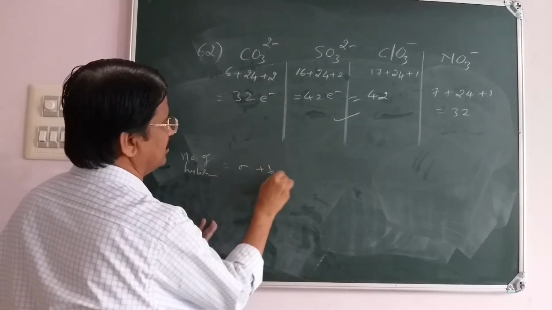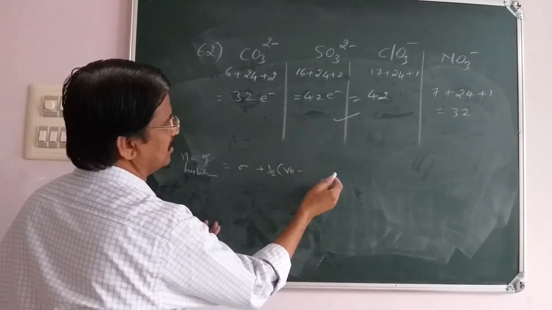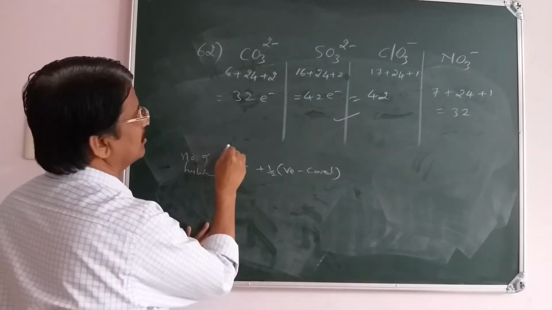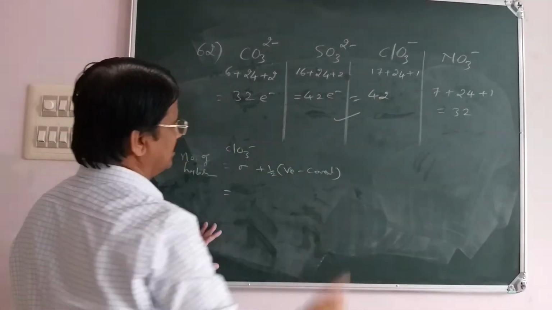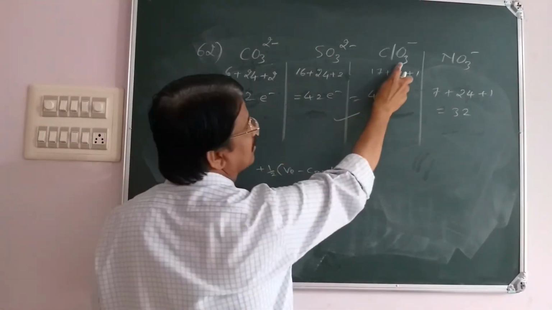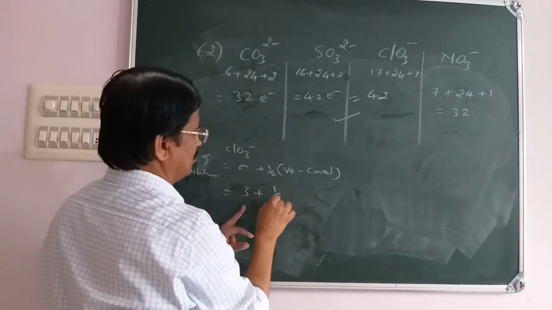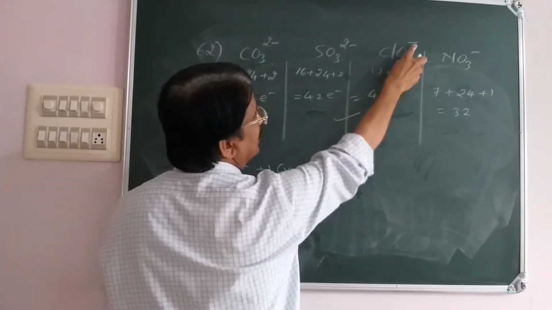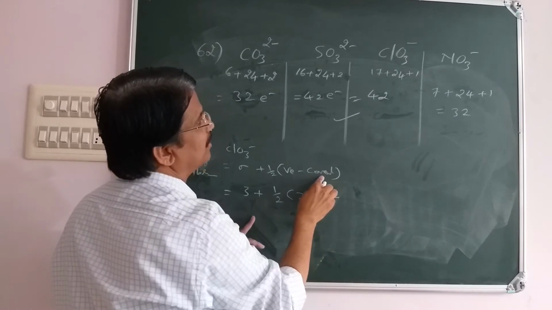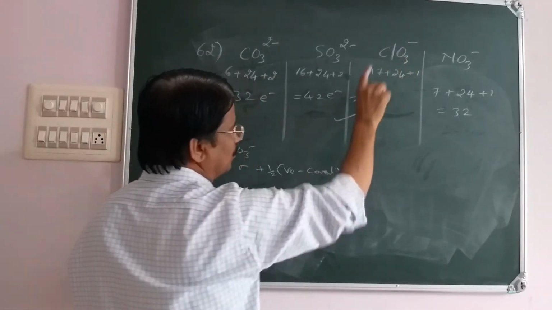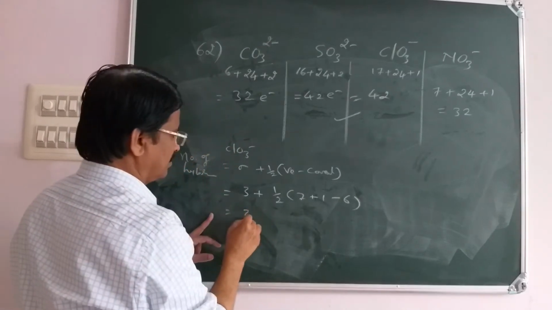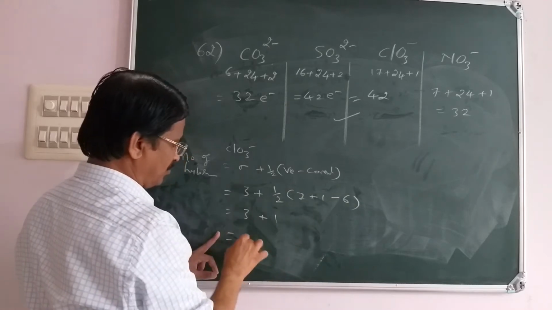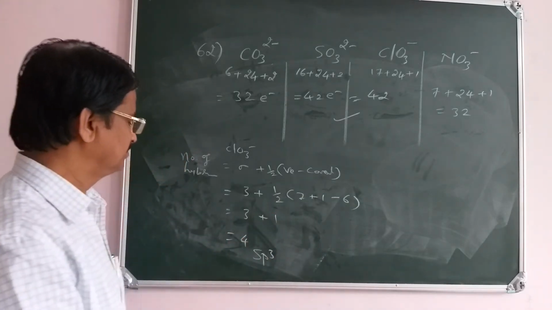Number of sigma bonds plus half into (valence electrons minus number of covalent bonds). In case of ClO3 minus, this one I am calculating. Number of sigma bonds in ClO3 is 3, plus half into valence electrons, here Cl 7 plus 1 electron, minus covalent bonds 3 into 2. 3 plus 7 plus 1, 8, 8 minus 6, 2, 2 by 2, 1, 4, sp3.